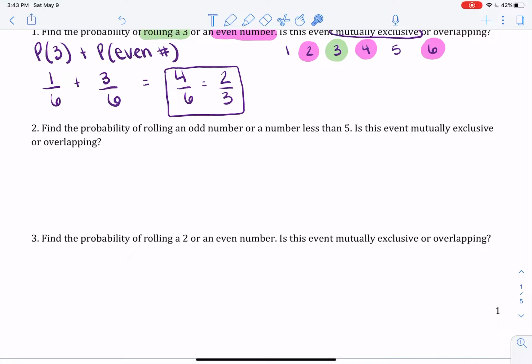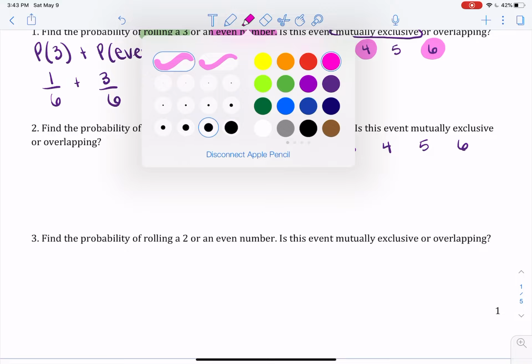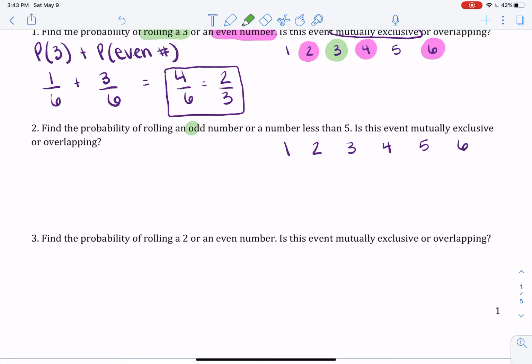All right, so number 2 says, find the probability of rolling an odd number or a number less than 5. Is this mutually exclusive or overlapping? Well, let's find out. So let's write our numbers. Okay, and the probability of rolling an odd number.